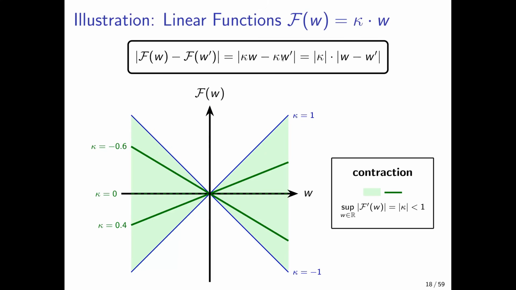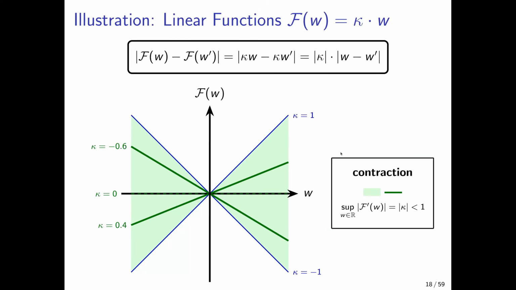And then for this, we can express this distance between the images of any pair of points in this way. And here we can already read off that to be a contraction, kappa must be smaller than 1 in absolute value. So it's a very simple characterization.